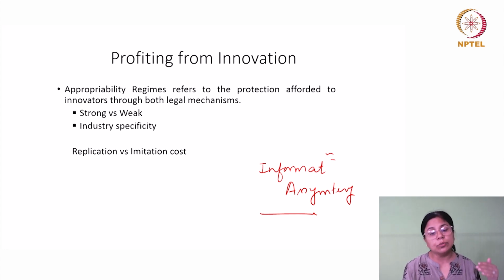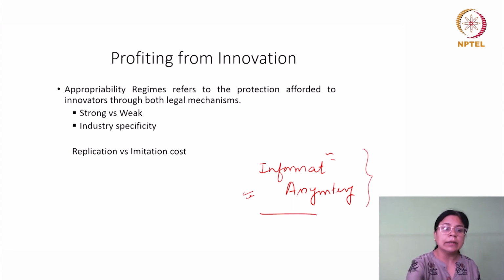The other party, who does not have the information, would be wary whether to go for the transfer or not. So through the process of patenting, this problem of information asymmetry can be sorted, and the differences in the protection regime will influence whether the market will be facilitated through that or not.